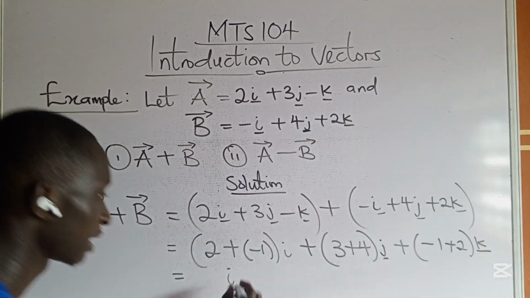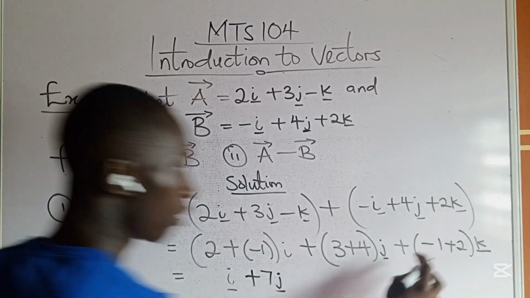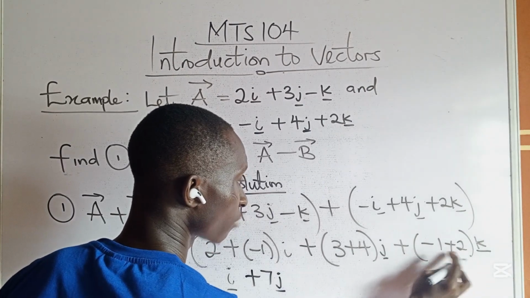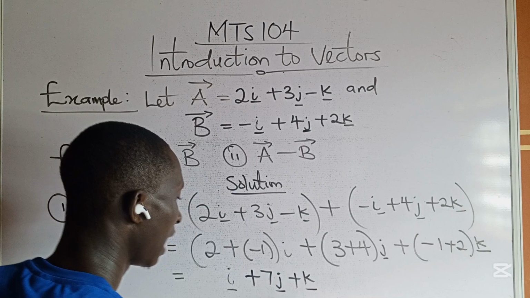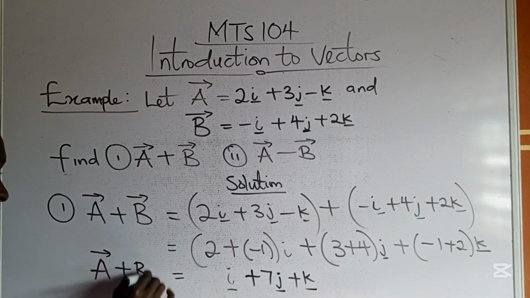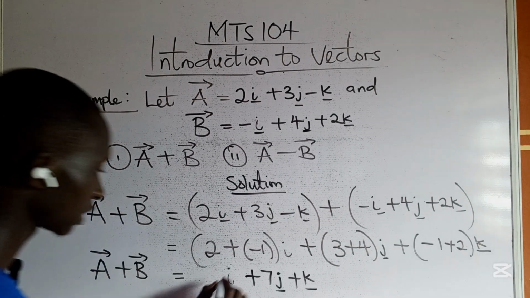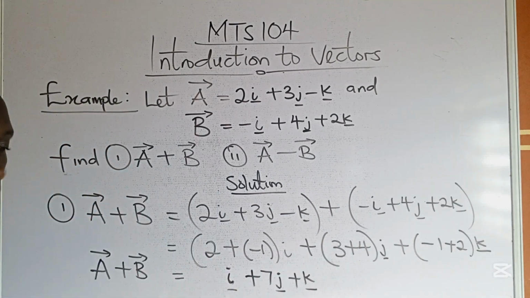Gives 7. That means you have plus 7j. Minus 1 plus 2 becomes 1, that is plus k. And this is vector A plus vector B. This is how we add that up. So we just add like components together.